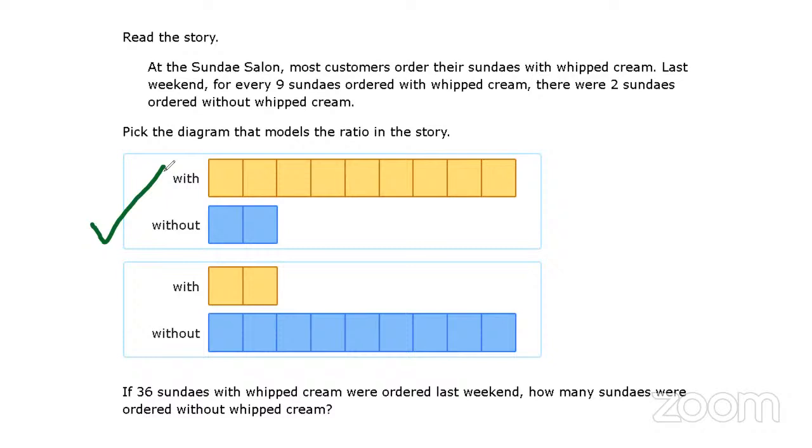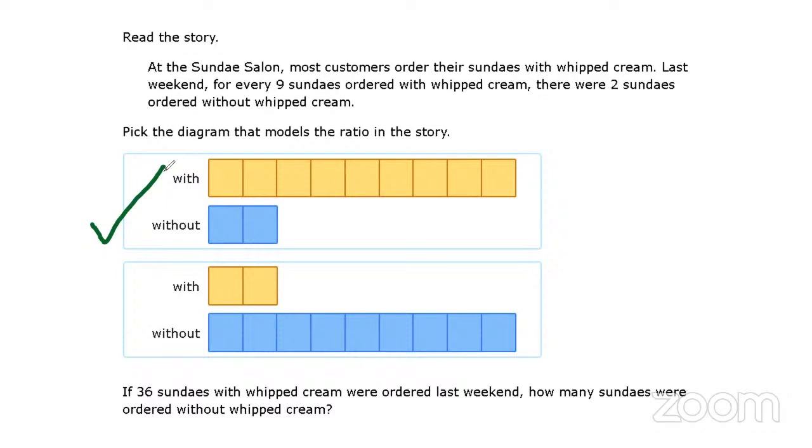And I want your answer to come in a ratio relationship. If you represent your answer as a ratio, then of course I would get the answer for this question. So here it says, if 36 sundaes with whipped cream were ordered last weekend, how many sundaes were ordered without whipped cream? Let's think about that.